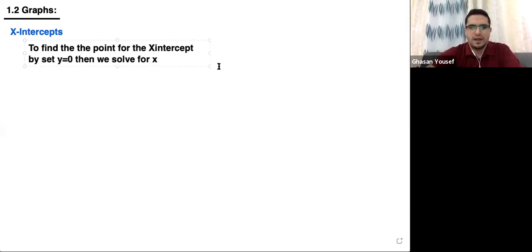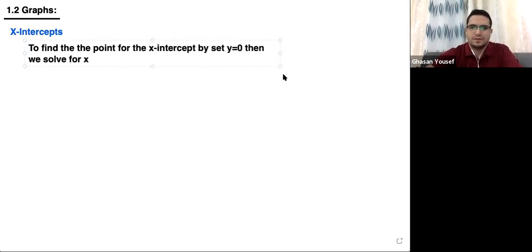This is how we can find the x-intercept. We set y equals 0, then we solve for x. I'm going to give an example for that.